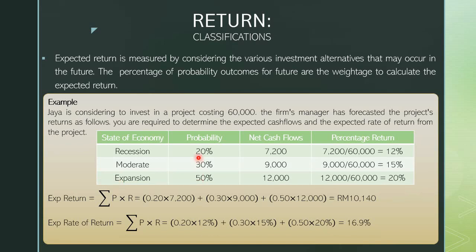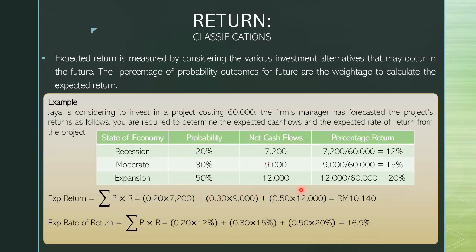And they have done their research, and these are the probability of outcomes that they have assigned to each state of economy, meaning that next year there is a 20% chance the economy will be in recession, 30% chance the economy will be moderate, and 50% chance that the next year's economy might be in expansion. Okay, so these are the probability of outcomes.